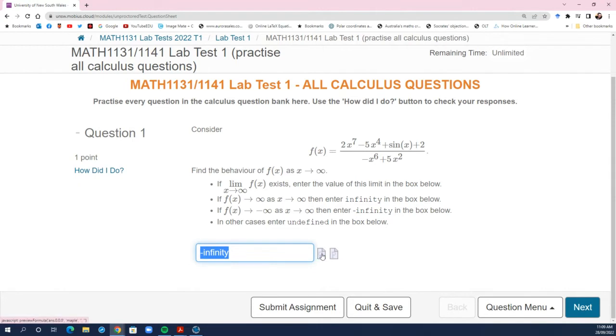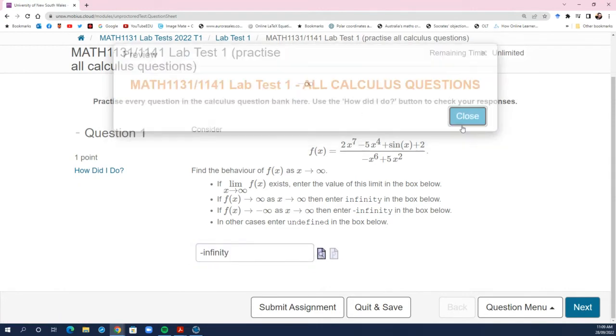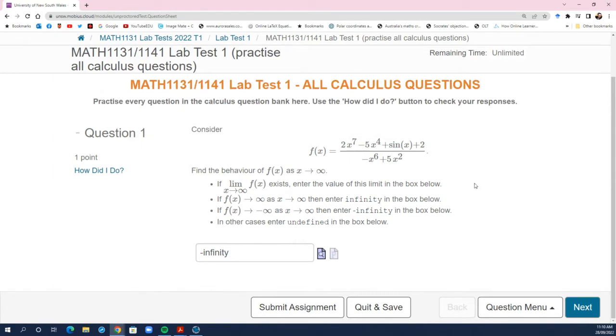And I can check it here to see that my syntax is correct. But how did I get that negative infinity? If I wanted to justify that, what would I do to the top and the bottom of this function? How might I take the limit? Who can tell me on the chat? What's a strategy there?